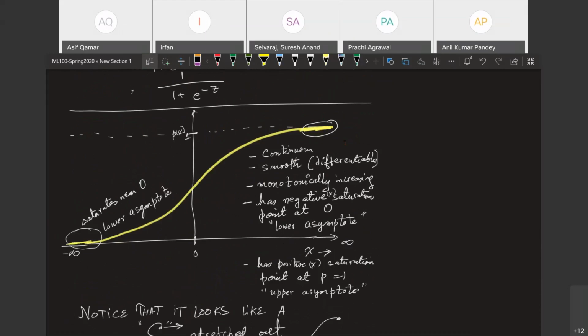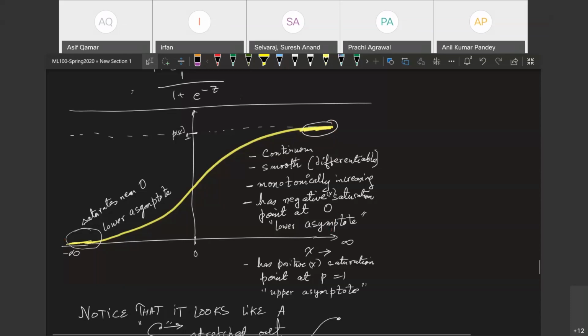It is smooth, means it doesn't have rough sudden changes of value. Smoothly the values rise, monotonically increasing. You see the gradual increasing. It doesn't start changing direction and moving down and then back up again. Continuously increases. And it has two asymptotes, the lower asymptote, which is at 0, and the upper asymptote, which is at 1.